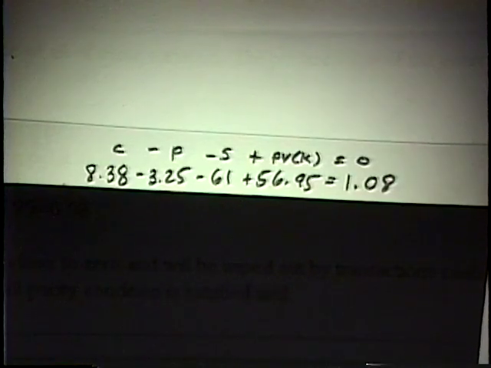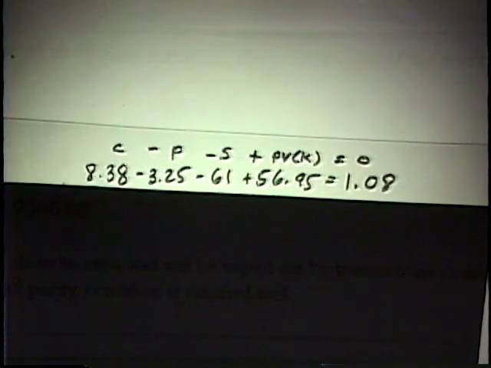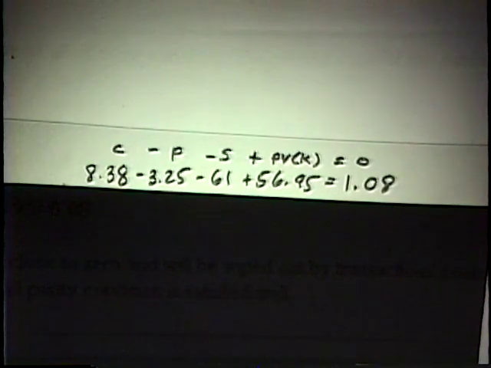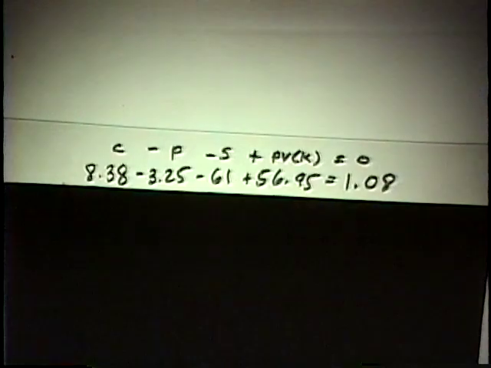What I've done is I've put the formula in terms of a positive arbitrage profit. Like I could have written this formula as minus C plus P plus S minus PVK equals 0. And when I put the numbers in, I get minus 1.08. But if we're actually going to implement this, it's better to implement on an arbitrage profit. We want to lock in the profit rather than the loss.